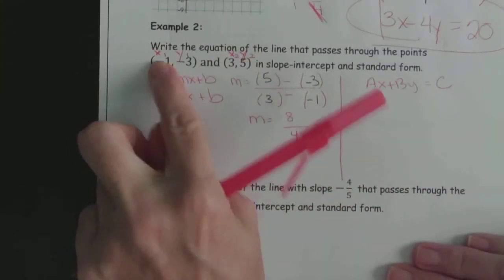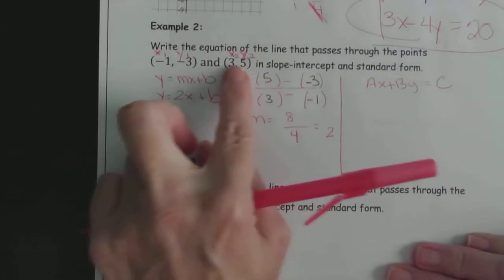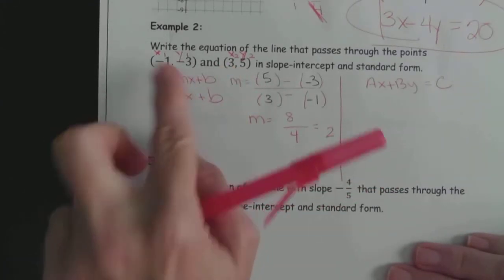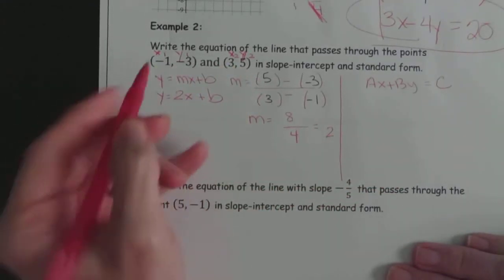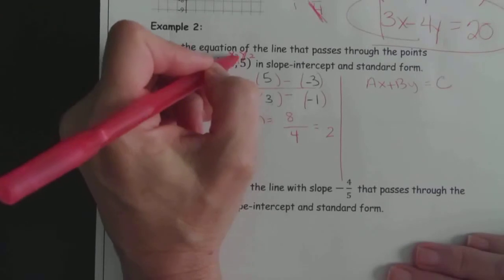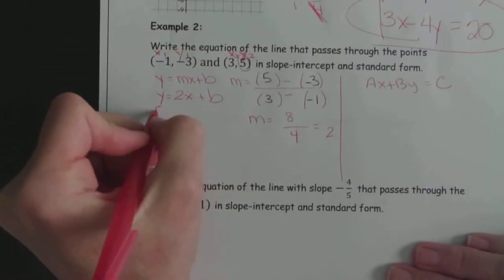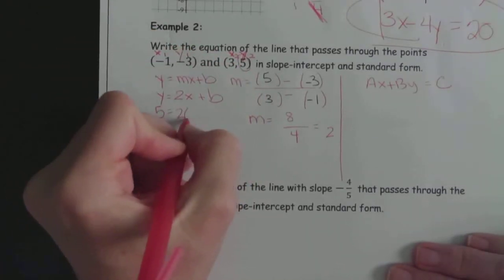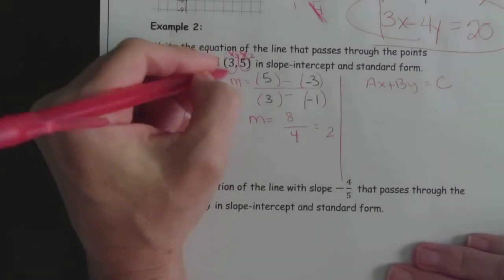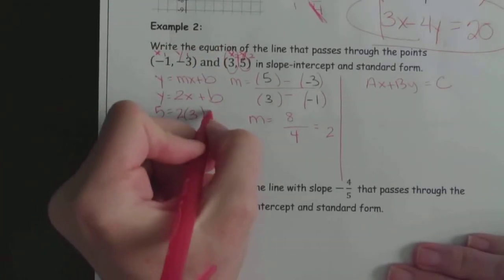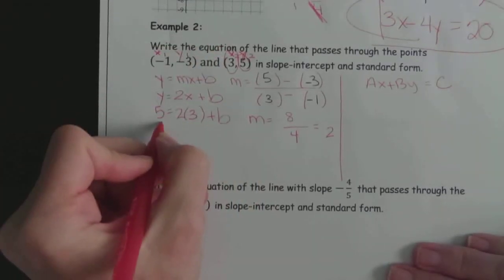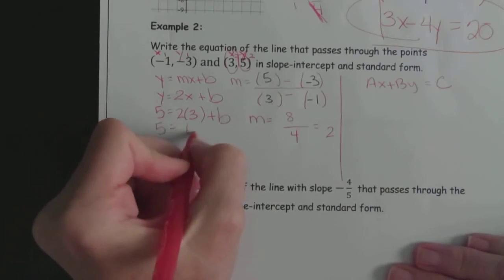Now, to find the y-intercept, we simply substitute one of these pairs in here for x and y. They got to come as a unit, though. You can't mix and match. It's this one or this one. I like to choose the (3, 5) because I don't have to deal with negatives. So here we go. The y in this set is a 5.